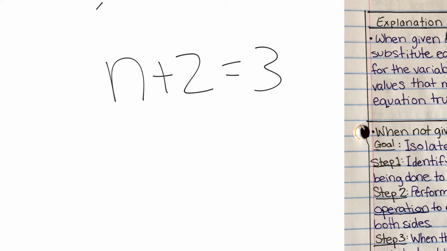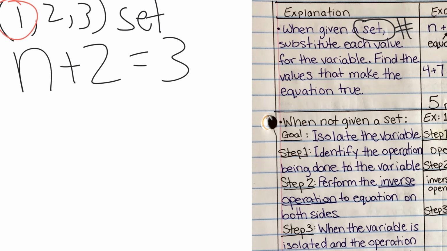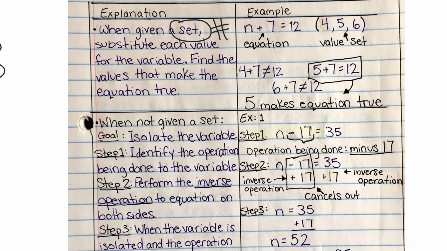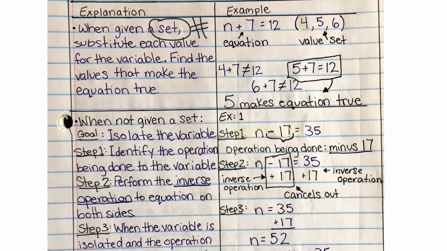If they gave us a set, it would look like this: substitute n with a 1, a 2, or a 3. We know that the one that would make it true is 1 because we just did it. So that's what we're referring to when we talk about a set.